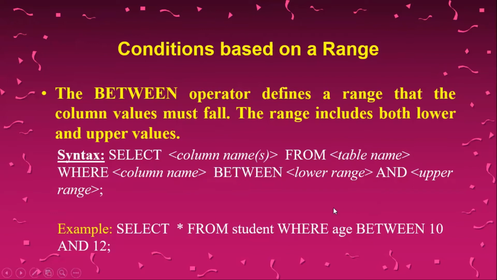They might also give another option like SELECT * FROM student WHERE age greater than or equal to 10 AND age less than or equal to 12. That also satisfies the condition. So both options are correct.